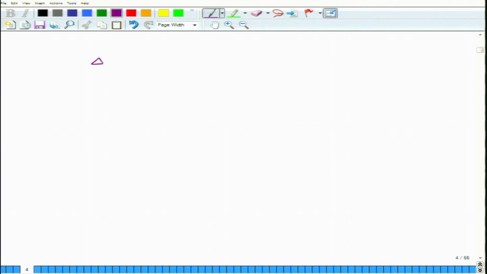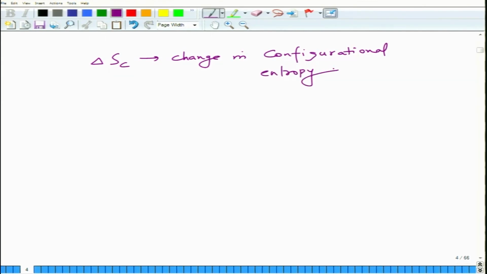So, this delta SC is basically the change in the entropy, and this is positive in nature, as we will see.